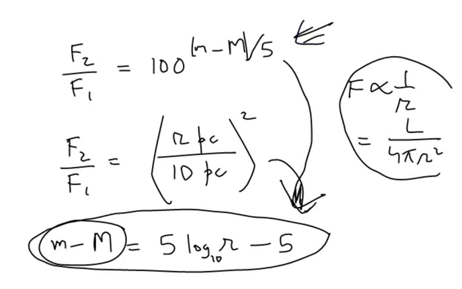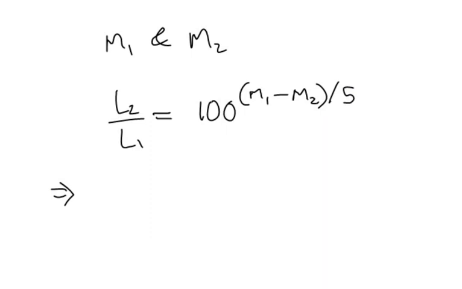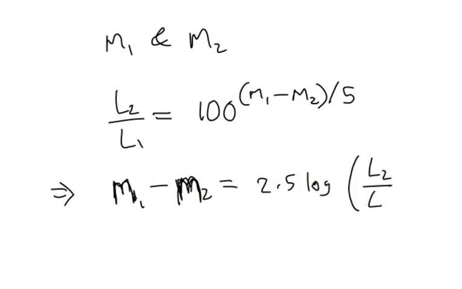Using this, we can have L2 by L1 is equal to 100 to the power M1 minus M2 divided by 5. Now we have a relationship in terms of capital M's, whereas previously we had small m. This means M1 minus M2 is equal to 2.5 log L2 by L1.